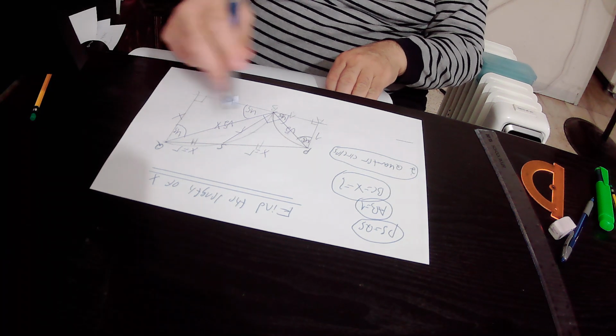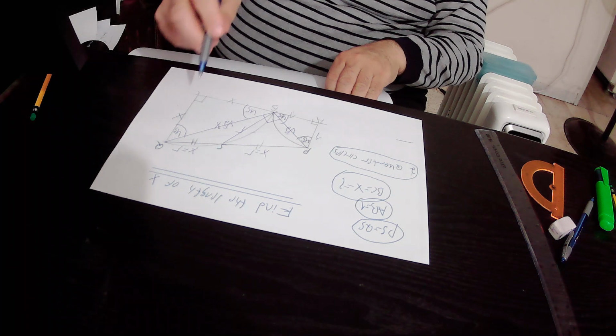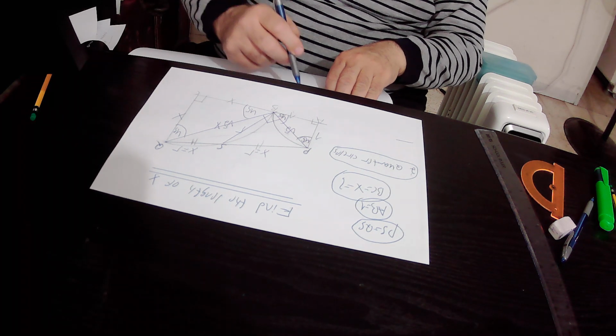So I copy the quarter circle to a new page and we complete the quarter circle to a circle.